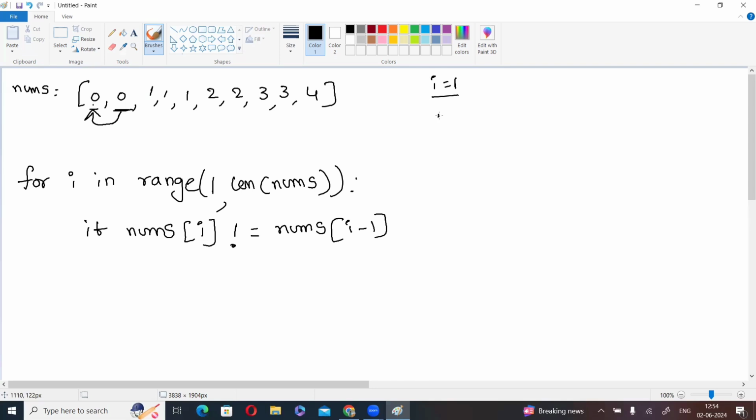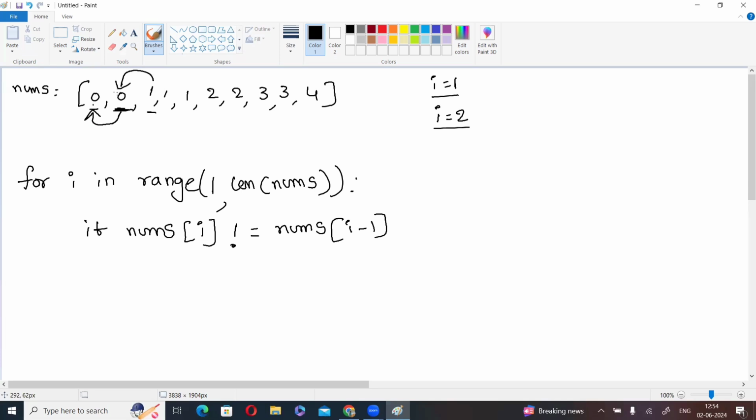Next iteration, i is equal to 2. So this is position number 2. Here 1 is not equal to 0. Yes, 1 is not equal to 0. Place this element at this position. Already this is the duplicate, so place this element here.